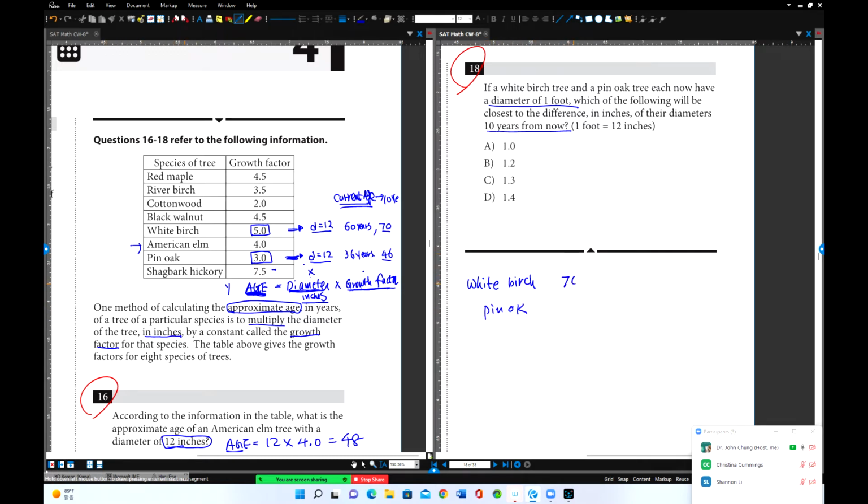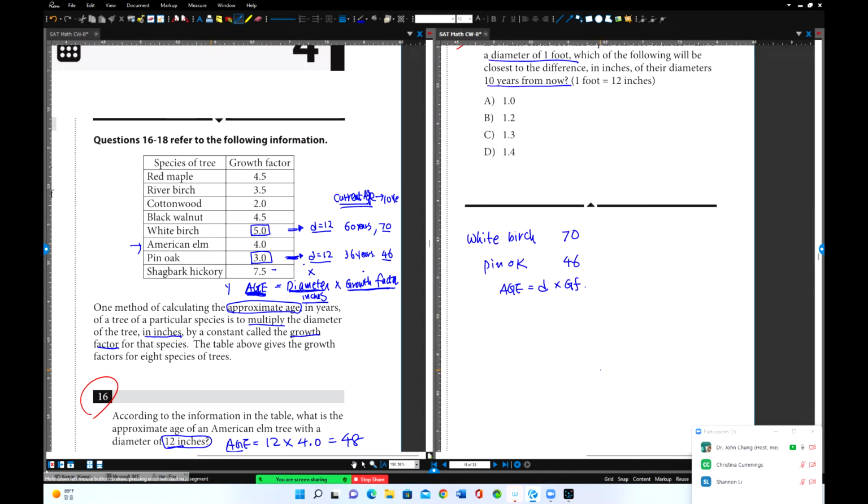Now they are 70 years old and 46 years old, and again age equals diameter times growth factor. But now it's 70 years old, so there must be a change in diameter. We know that because 10 years passed.